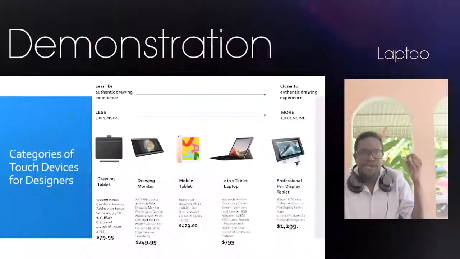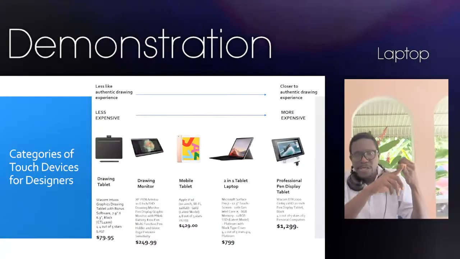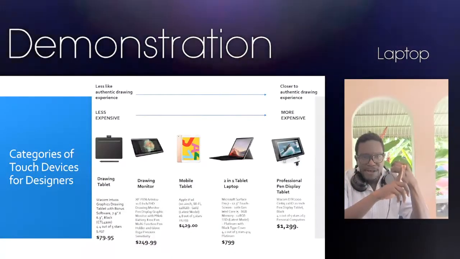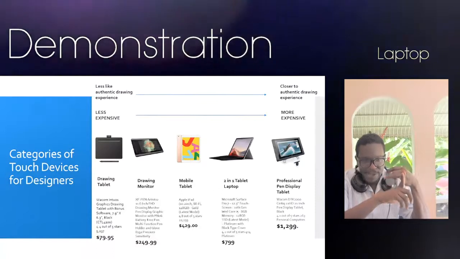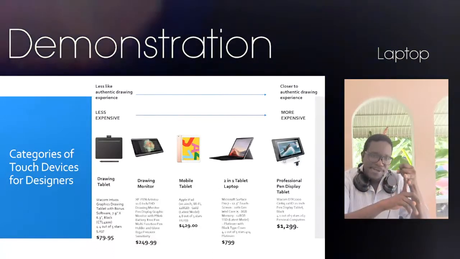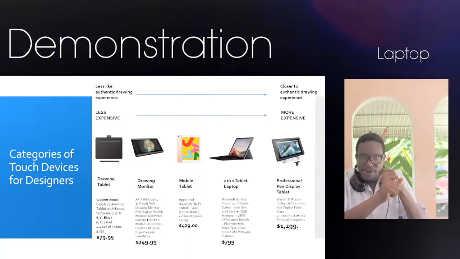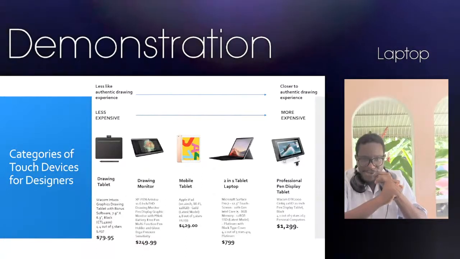Regardless of the computer, when you get your computer, you're going to need to have a device with an active pen. Now you can start at the bottom of the barrel, which would be a drawing tablet.